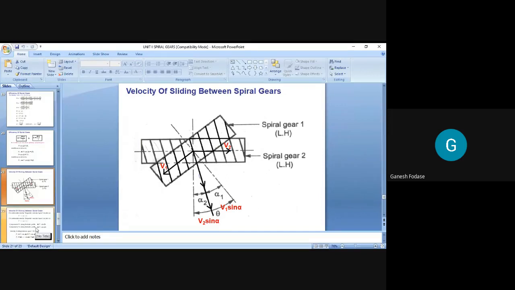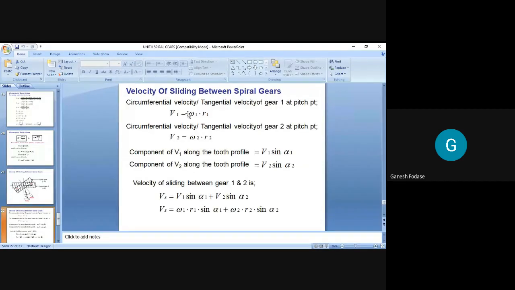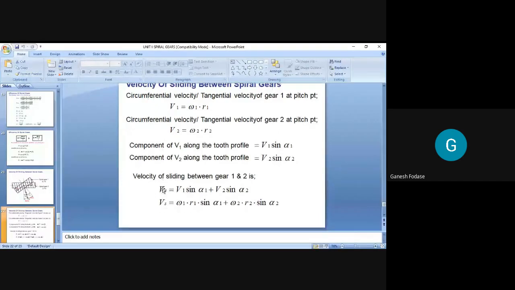Further, express V1 in terms of R1 omega 1, and V2 in terms of R2 omega 2. So our final expression is Vs equal to R1 omega 1 into sin alpha 1 plus R2 omega 2 into sin alpha 2. That is the expression for the sliding velocity of a spiral gear.